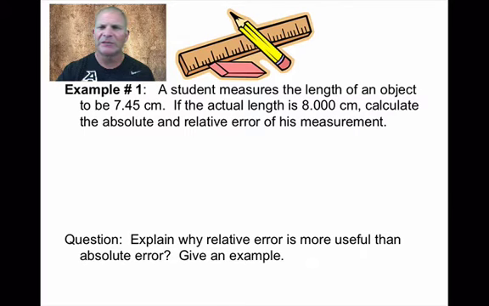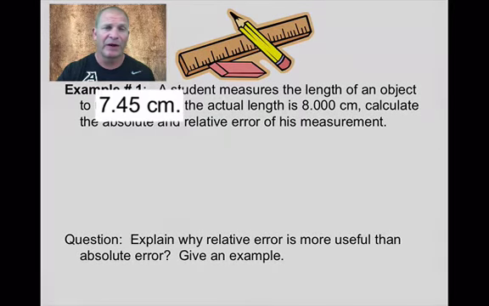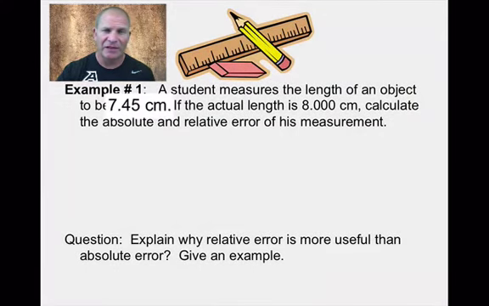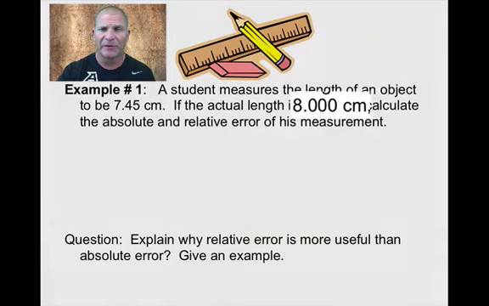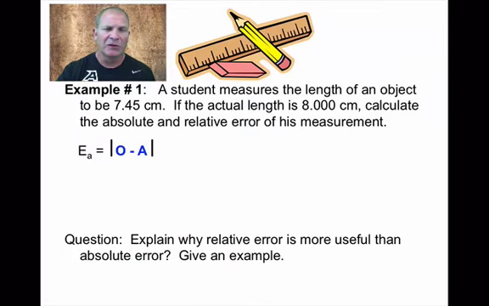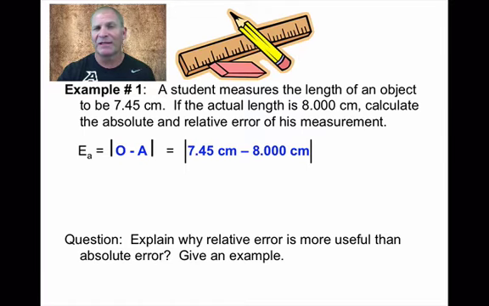So say a student measures the length of an object, and the student measured it to be 7.45 centimeters. The actual length of this object is 8.00 centimeters. As we take the observed minus the accepted, it's 7.45 minus 8.00, and we take its absolute value. It doesn't matter if you do A minus O or O minus A, because it's always the absolute value.